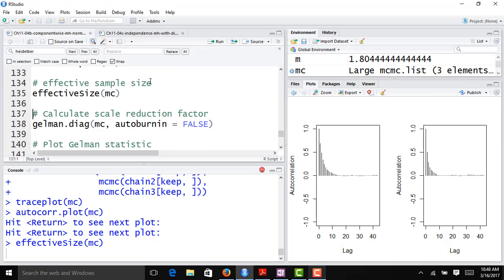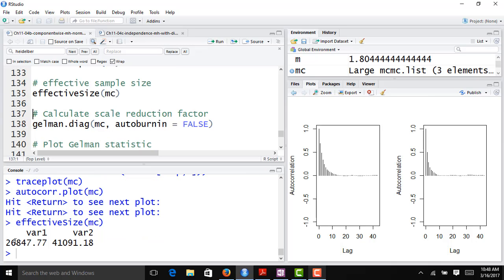We run the effective size function here, and we have about 27,000 effective samples for the mu parameter and a little over 41,000 for the sigma squared parameter. And so this is actually not too bad. We had 150,000 in our chain, so we would have liked to see these numbers be higher, but we still have a pretty decent effective sample size with which we can estimate our posterior distribution.